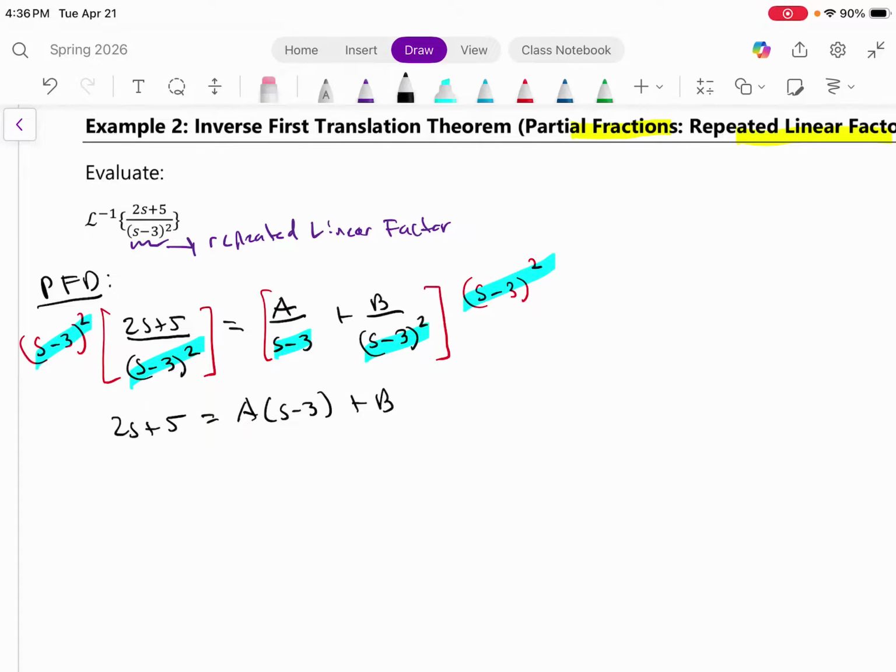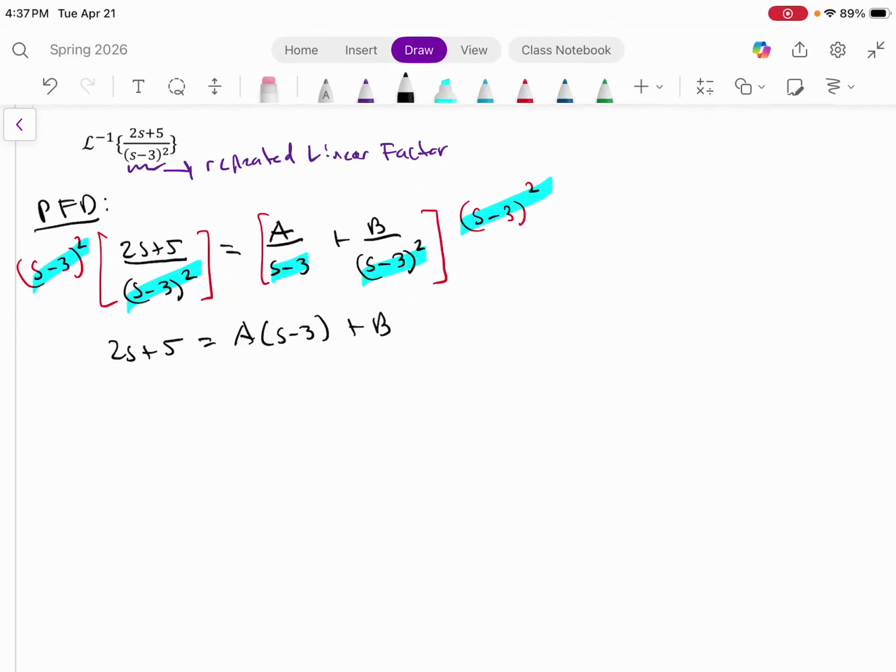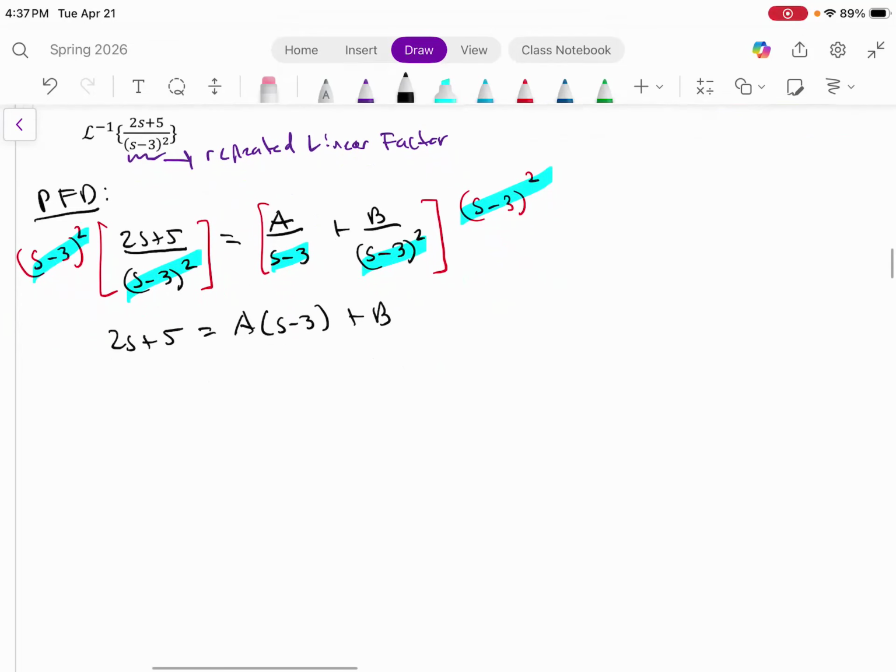So the way to figure out A and B, you've done this a lot through this course and your calculus 2. You could either equate coefficients, get a system of equations and solve for A and B, or you can choose values for s. I prefer to choose values of s. So I'm going to let s equal 3.